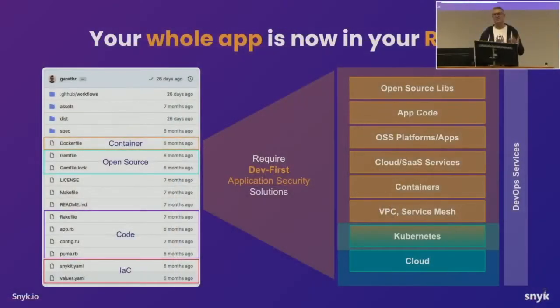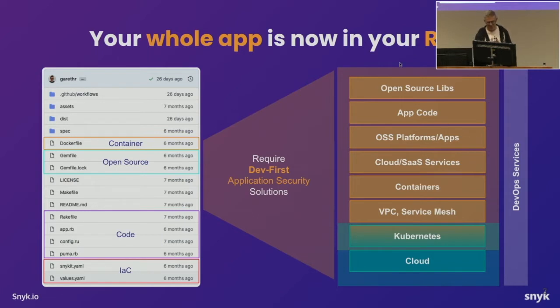So as this is all about developers and the role developers play in securing our cloud native environments. As developers, you now have the whole application declared in your code. It's all in your repo.